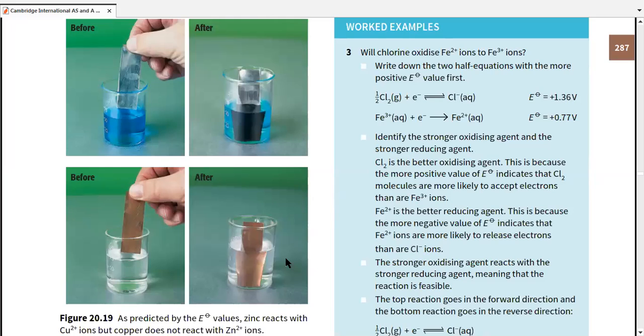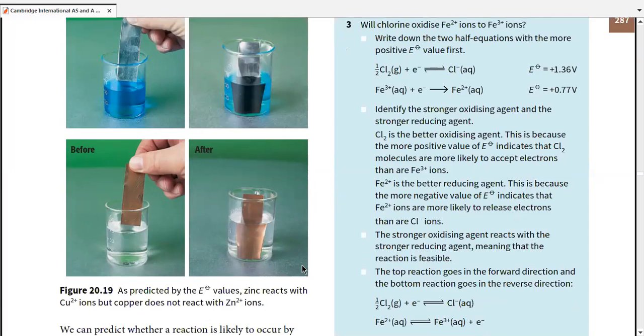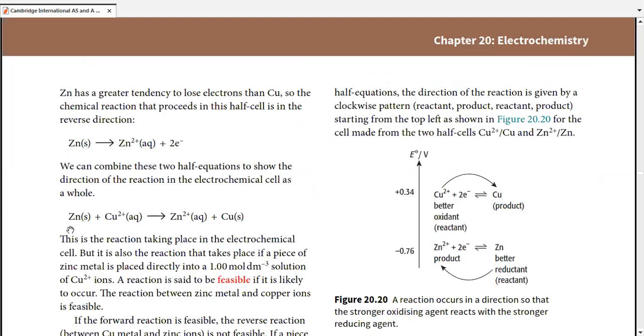On the other hand, take a zinc sulfate solution, which is actually colorless, take a red-brown copper strip, put it in the solution, there is no change, which means the reverse of this reaction cannot happen. That's why if you take a look, these arrows are irreversible.